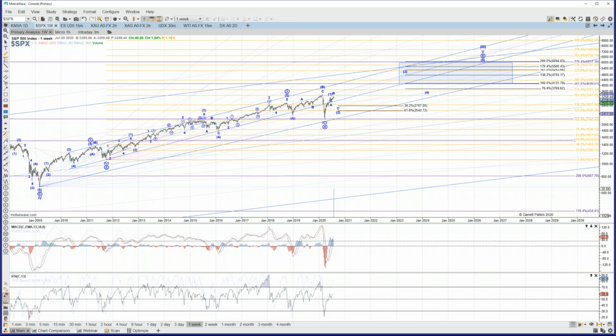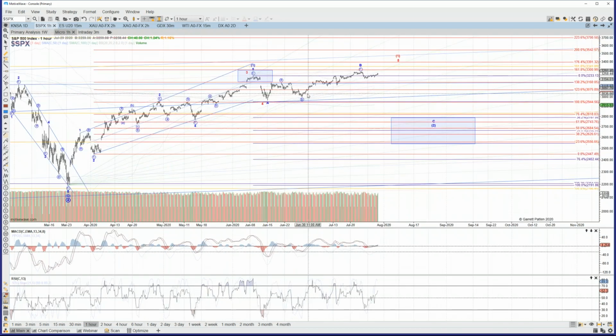Next question. Can the circle C of B in blue also be viewed as red 5-1? So you mean move the 4 over here and view this as wave 5? Is that what you meant? It doesn't substantially change expectations or outcomes.